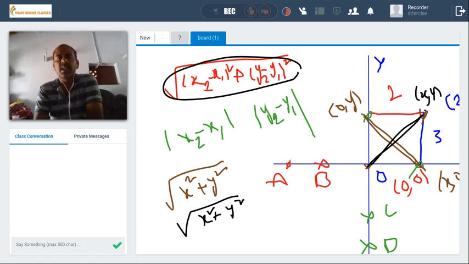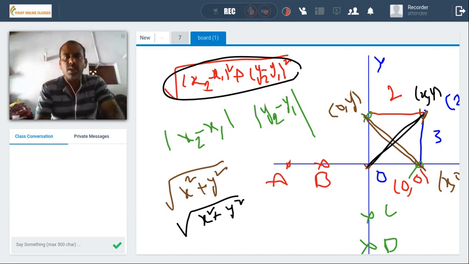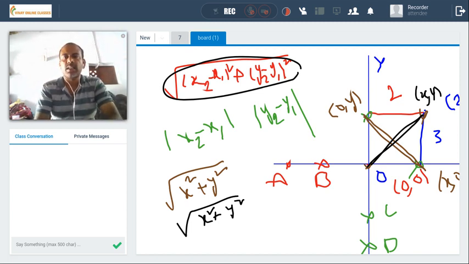Coordinate geometry, another name is analytical geometry, was introduced by Rene Descartes. The horizontal line is called the x-axis and the vertical line is called the y-axis. The point of intersection of the x-axis and y-axis is called the origin.